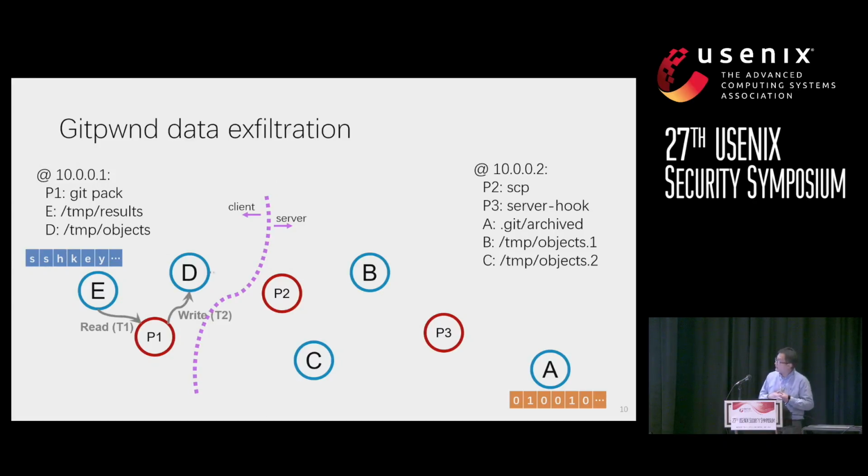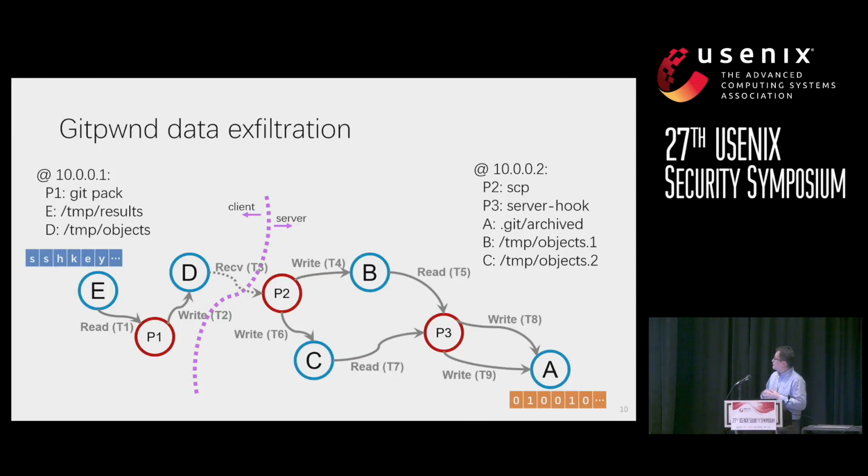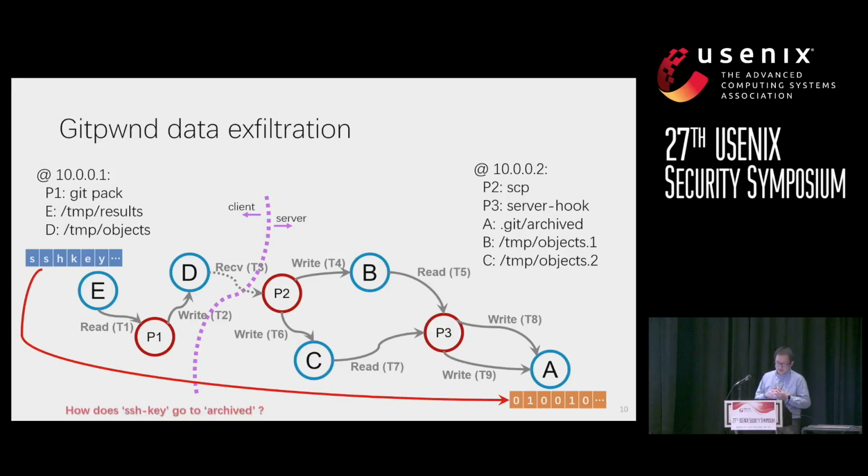So these are the system call level data flows that we can see. Our target is to find out how the SSH key goes from the client side to the archived file on the server side.